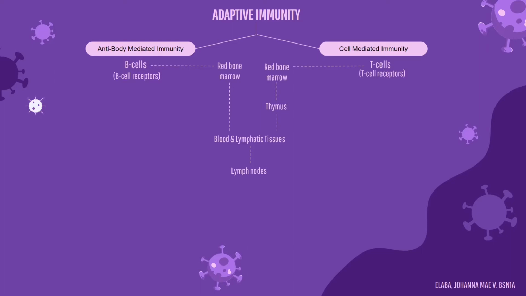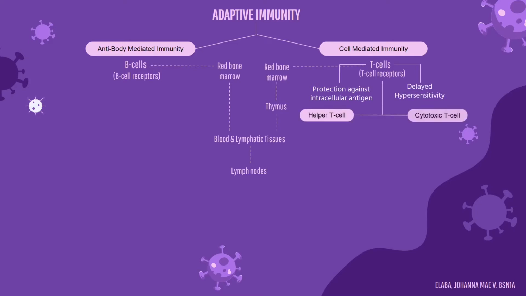Now let's discuss the T cells. The T cells provide protection against intracellular antigens. It is the delayed hypersensitivity. It has two different kinds, the helper T cell and the cytotoxic T cell.